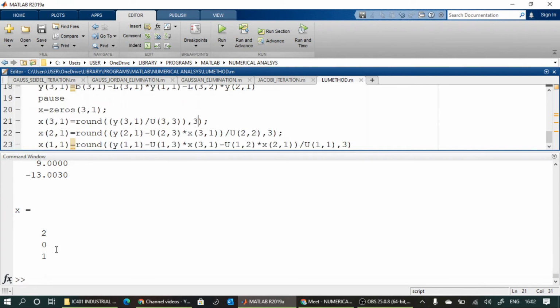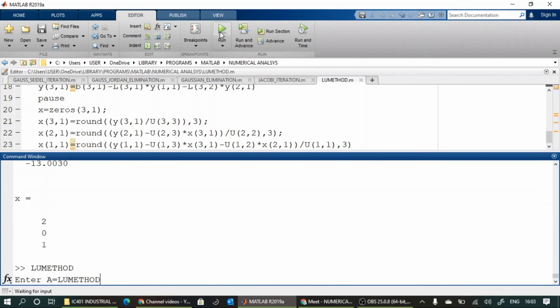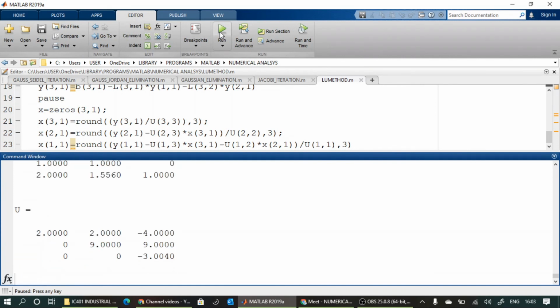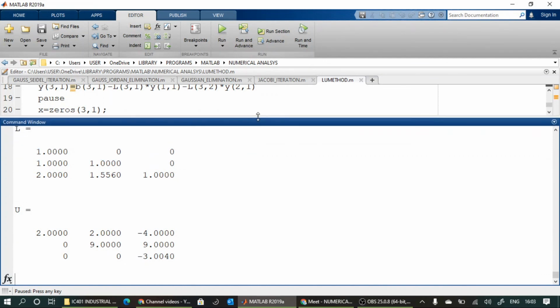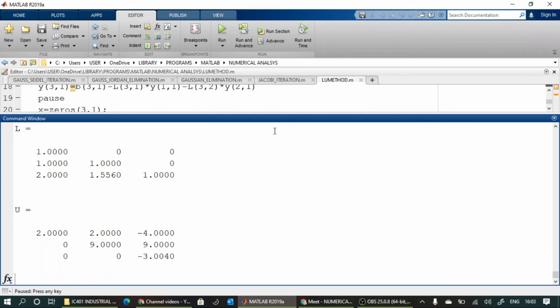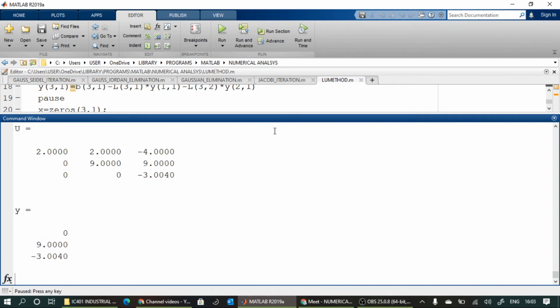Now the interesting thing is, if you are substituting different value for r, what is happening? Here you can see an interesting thing. So instead of 17, if I am substituting capital R equal to 2, b is equal to this one. This is LU. This is y.